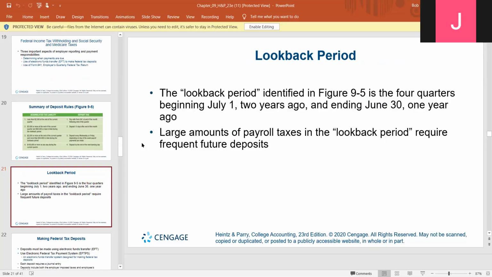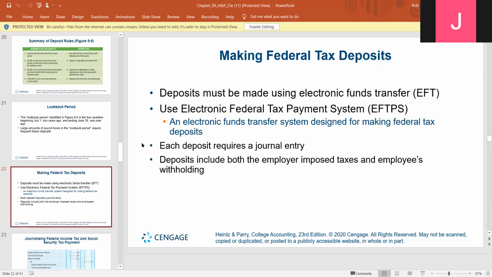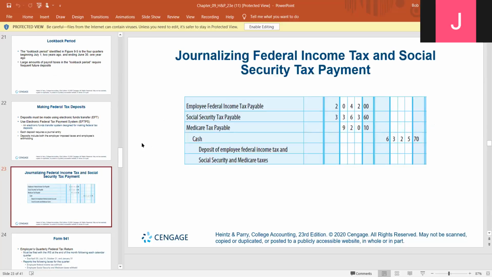Look back period. I'm not going to go over the look back period. Making federal tax deposits is, well, again, you're getting it all from the payroll register. And here is what we do when we make the payment.